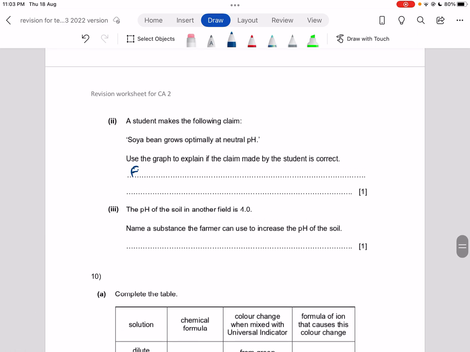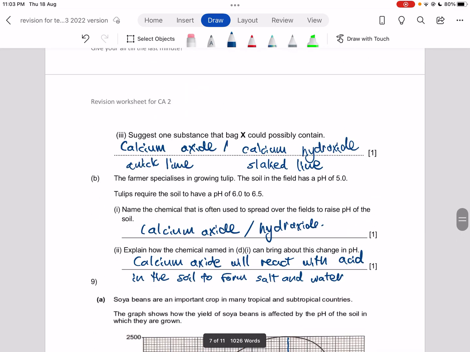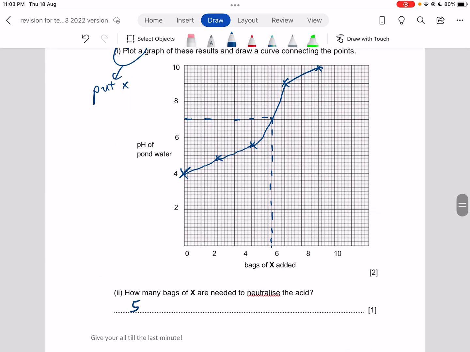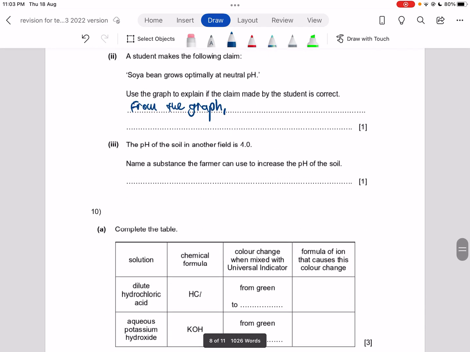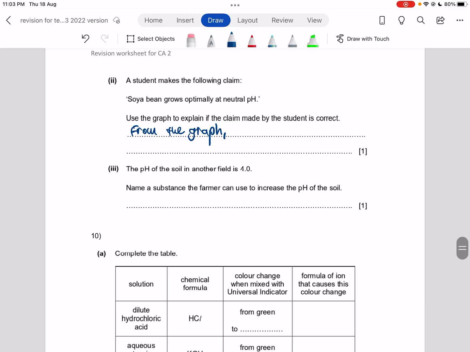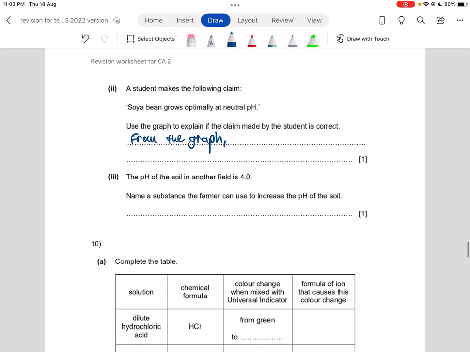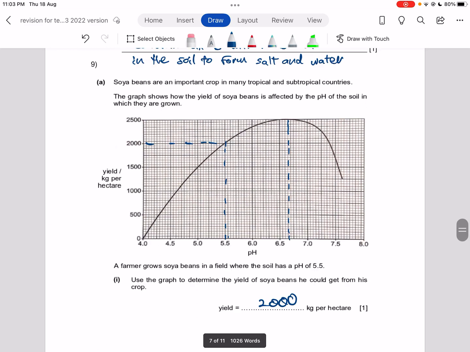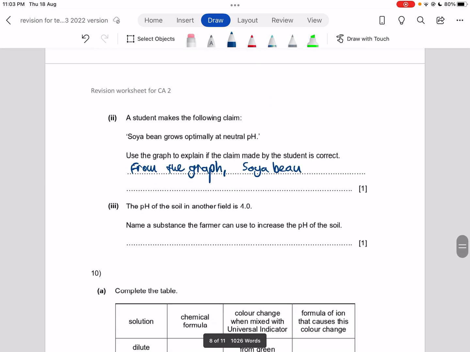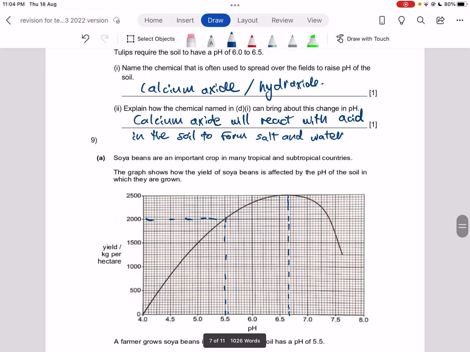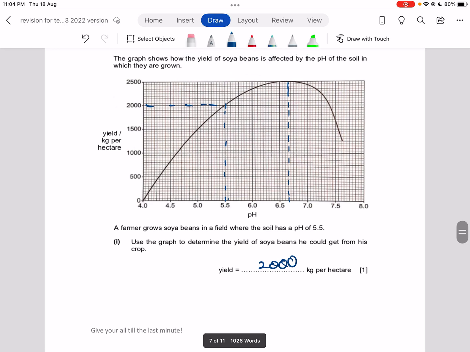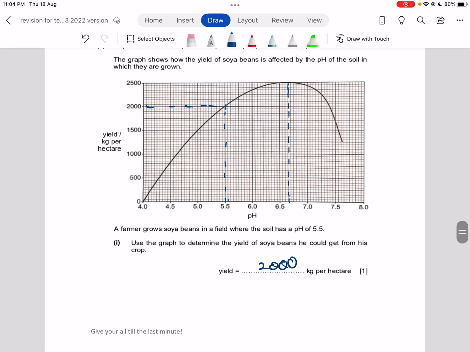So you say from the graph, soya bean yield is the highest at around 6.6.